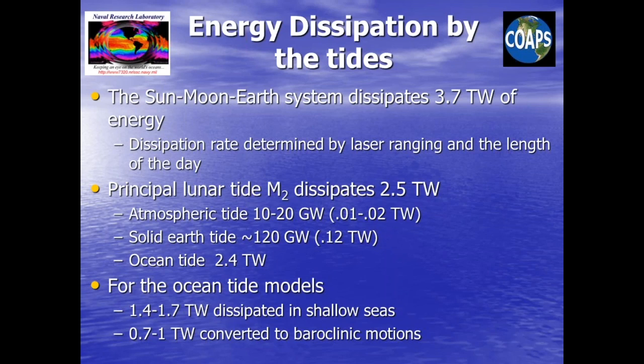Because shallow seas, I might be able to change that by changing the quadratic drag coefficient. Deep water is going to be changed by changing the amount that's converted into internal gravity waves, internal tides. And as you can see, on the order of about 40% of the energy is being dissipated in deep water. So that's kind of a target that we need to have as a sanity check for any model that we are producing.